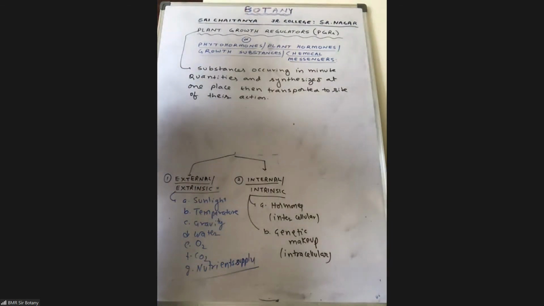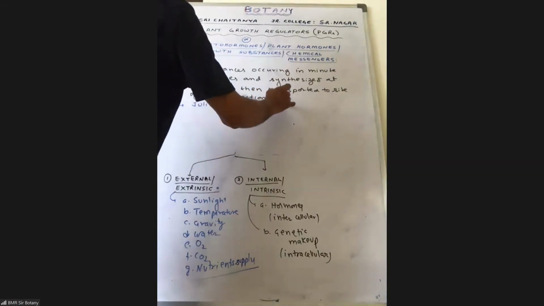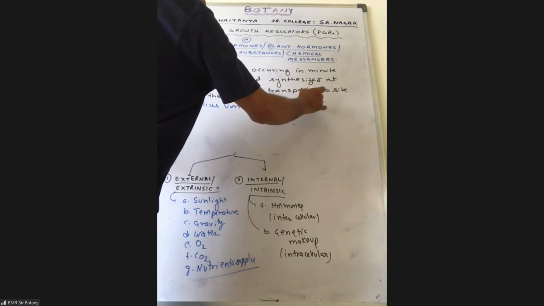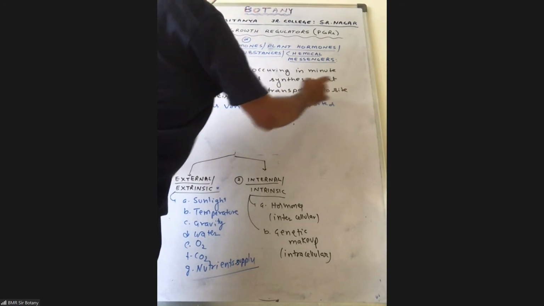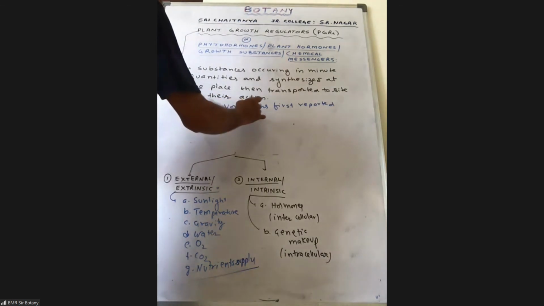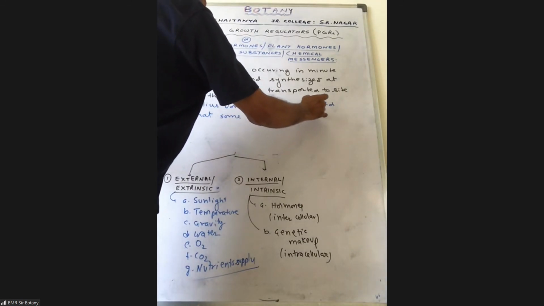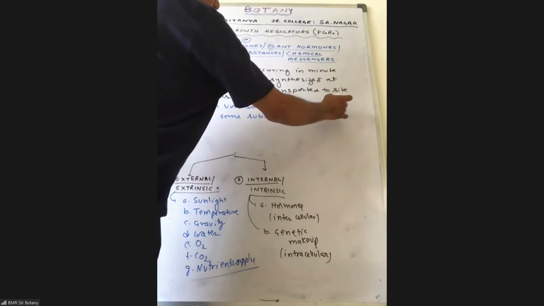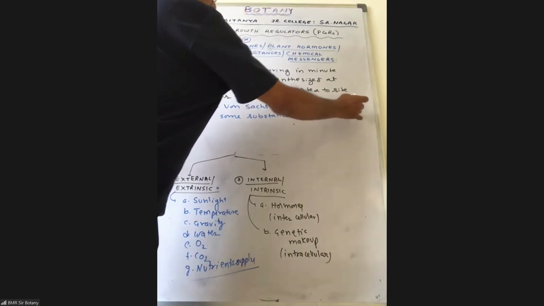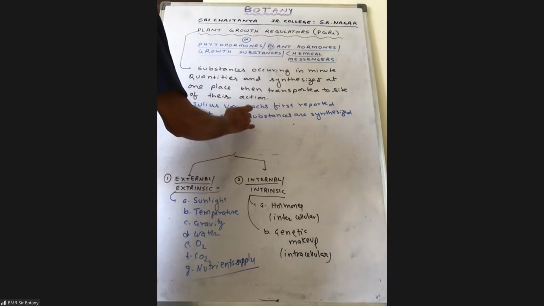Julius von Sachs was the first to report that some substances are synthesized in the shoot and move downwardly.